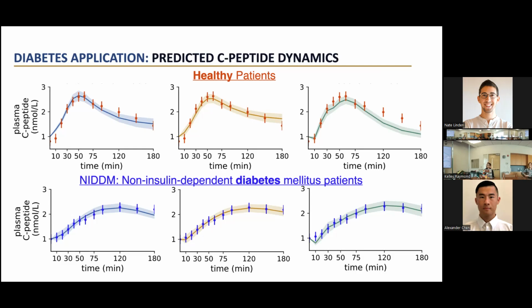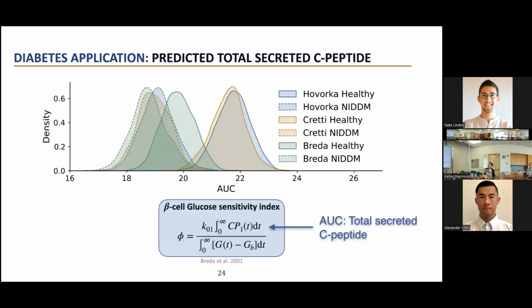Then we can compute the area under the curve of these C-peptide predictions and get distributions out for area under the curve. For today, we're just going to talk about area under the curve and not the full sensitivity index. We see that for the patients with diabetes, the three models predict similar distributions for C-peptide area under the curve. However, for the healthy patients, there's a bigger spread, with Breda underestimating compared to the two other models.